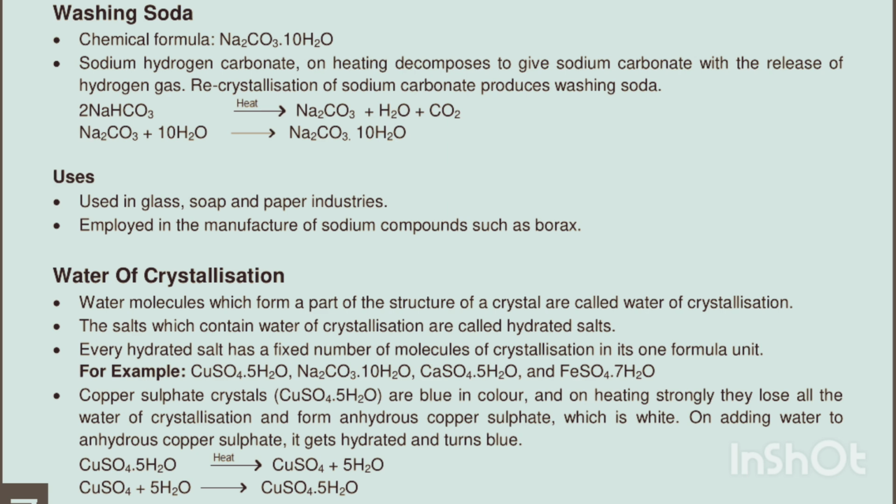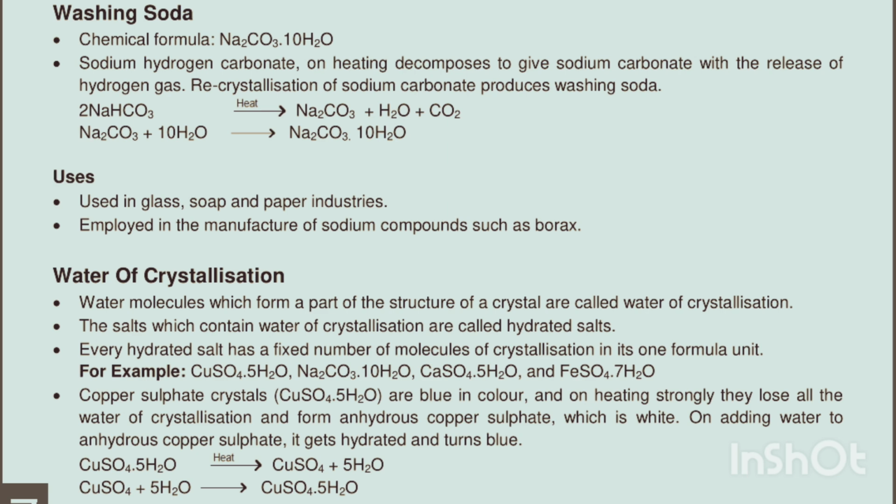What you can understand from this is that copper sulfate crystals, CuSO4·5H2O, are blue in color, and on heating strongly they lose all the water of crystallization and form anhydrous copper sulfate, which is white. On adding water to the anhydrous copper sulfate, it gets hydrated and turns blue. So this is how water of crystallization works. CuSO4·5H2O on heating gives CuSO4 plus 5H2O.